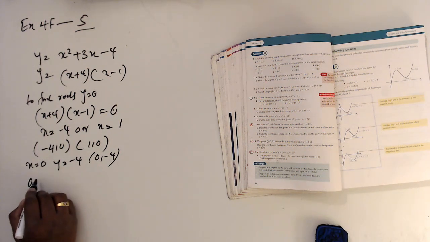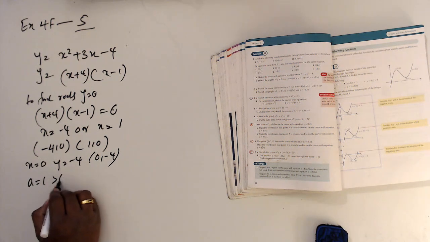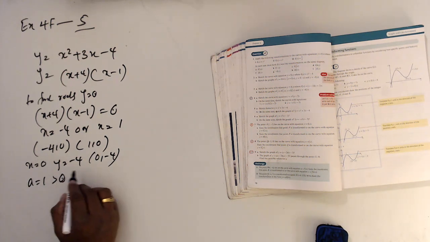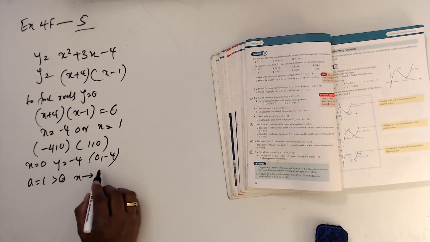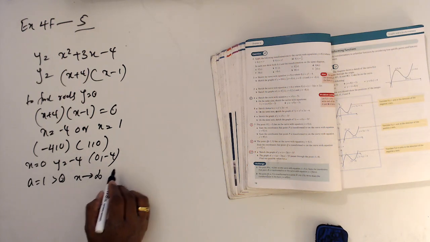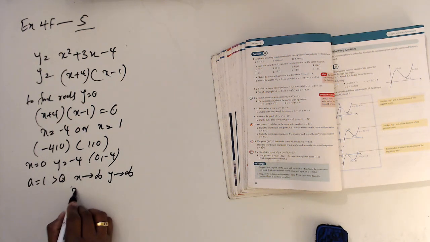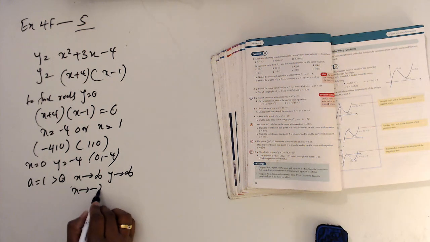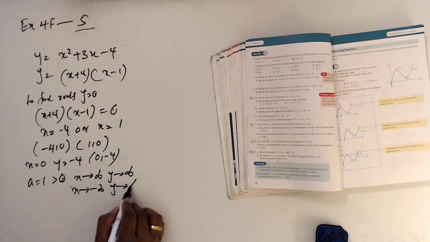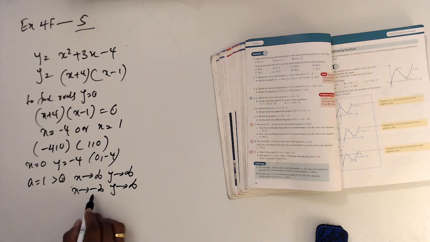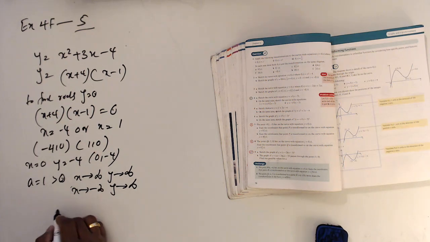And a is 1, greater than 0. Hence as x goes to positive infinity, y goes to positive infinity, and as x goes to negative infinity, y goes to positive infinity. In other words, we will say that it has a minimum.